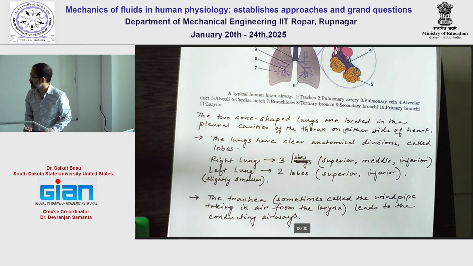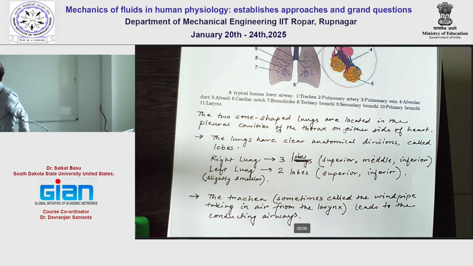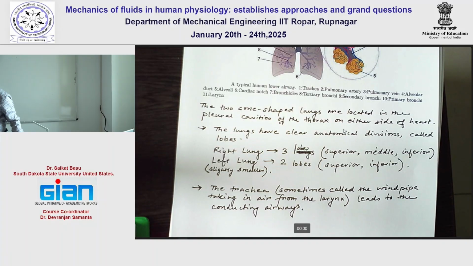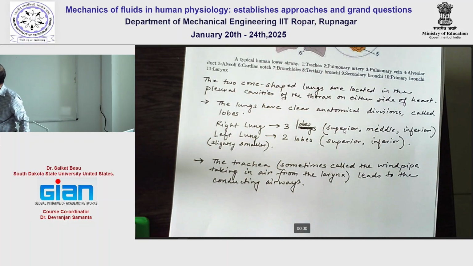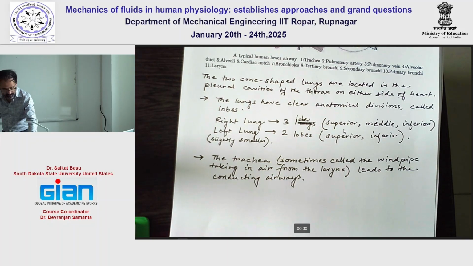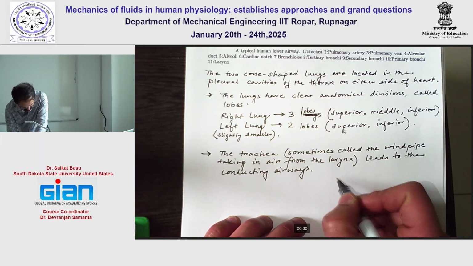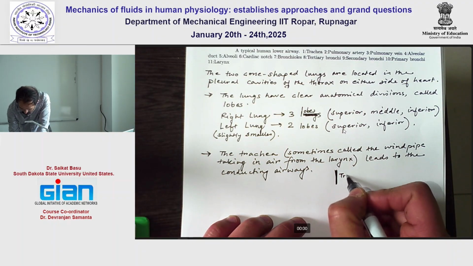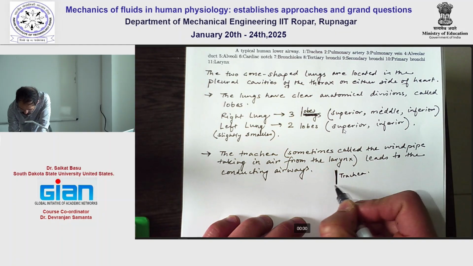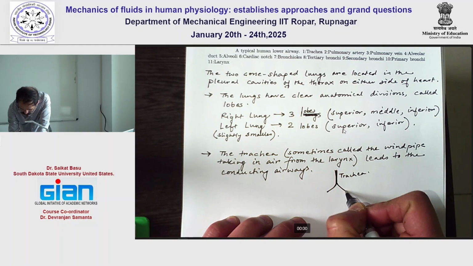As I said, if you just think about the regions of the flux, the air flux passes through in the lungs: conducting, transiting, and then where the respiratory gas exchange takes place. So this leads into the conducting airways. If I try to draw a very crude sketch, this is the trachea. So it bifurcates.